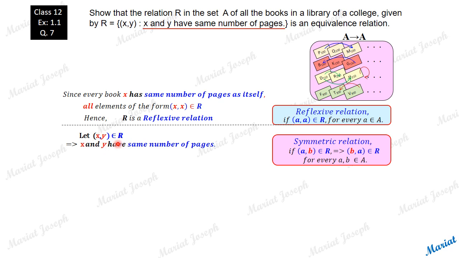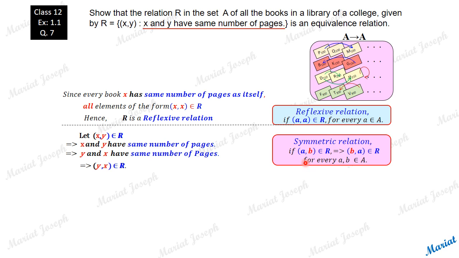If such a pair is there, these two books will have the same number of pages. That can be written as Y and X have the same number of pages. Both statements mean the same, which implies the pair (Y, X) also will belong to R. This is what we needed to call it a symmetric relation.